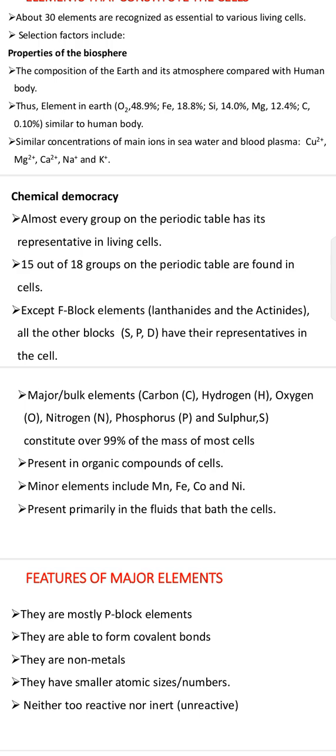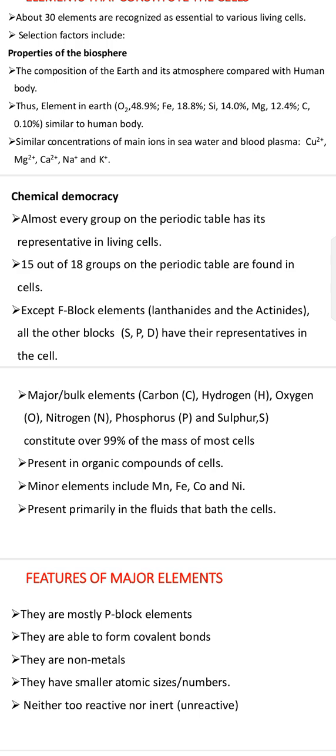So for example, we have our president. The president has many ministers and members of parliament who represent him in the various constituencies and communities as well. That's the same thing for the elements. Each group has an element that can be found in the cells. 15 out of the 18 groups.